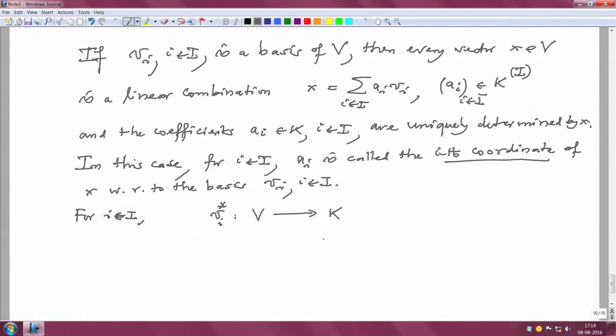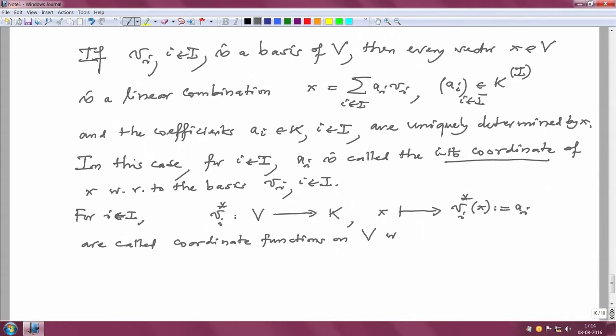This function is defined by sending an arbitrary vector x in V to Vi star of x, which by definition is ai. This makes sense because the ai are uniquely determined. These functions are called coordinate functions on V with respect to the basis Vi.